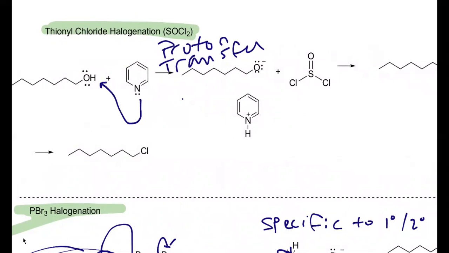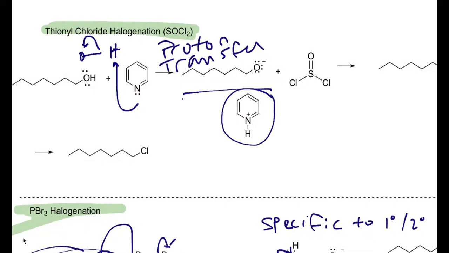So you're actually going to break that OH bond. I'm going to draw it up to here just so I can show the other arrow. You're breaking the OH bond. All right. So that's how we got to here, where the oxygen is now negative. And then you see the pyridine down here with the proton attached to it, and nitrogen is positive.